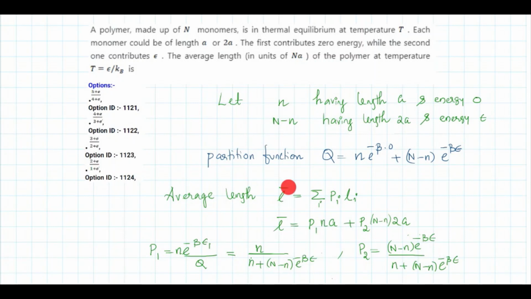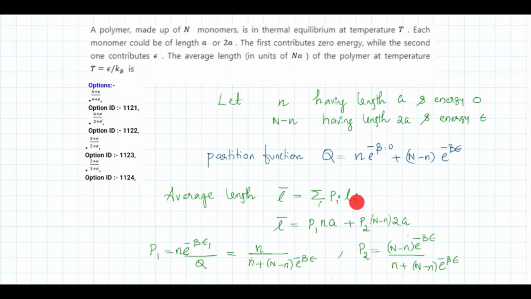For length, the average length L bar is equal to sigma over i of p_i L_i, where p_i is the probability of having length L_i. Here there are only two possibilities, A and 2A. If n monomers have length A, the total length will be nA.